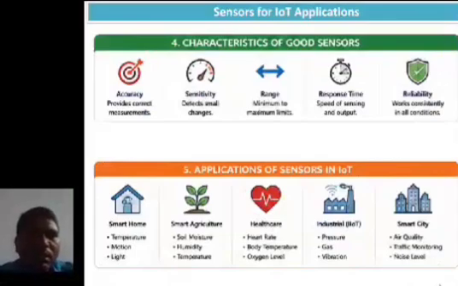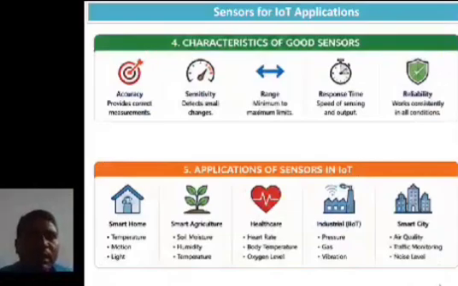And here I have also mentioned some of the applications of sensors in IoT. In the real world, sensors are used in many applications, starting from smart home. Here we can use temperature, motion and light sensors for automation.